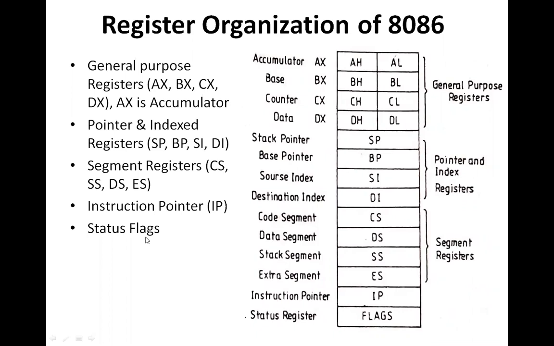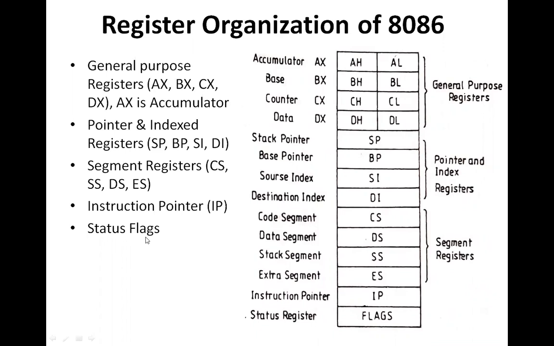Now, the status flag is again 16-bit, in comparison to the 8085, which is 8-bit. In that 8-bit flag register of the 8085, we use only 5 flags. Those 5 flags are the zero flag, sign flag, parity flag, carry flag, and auxiliary carry flag.